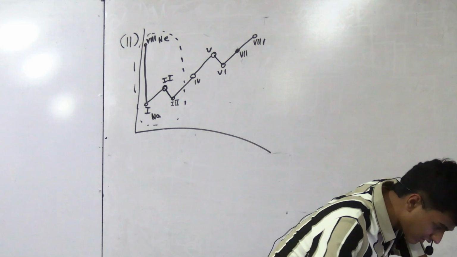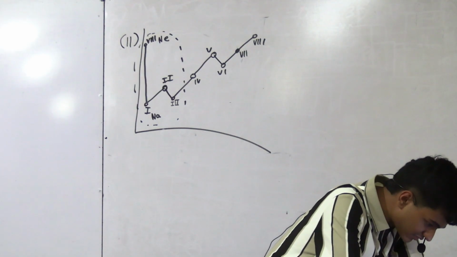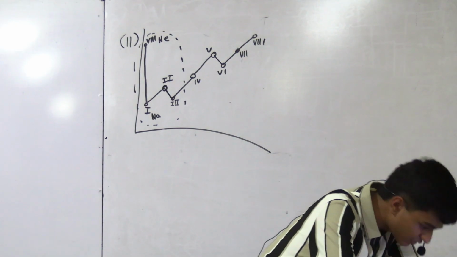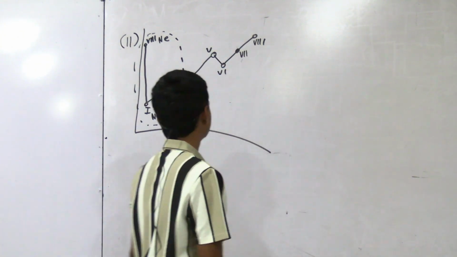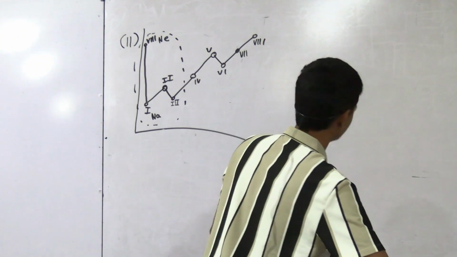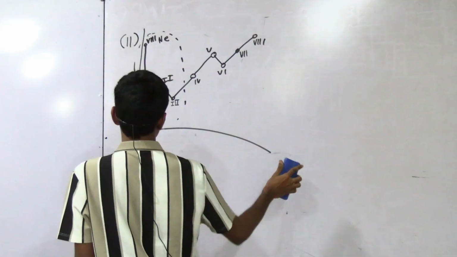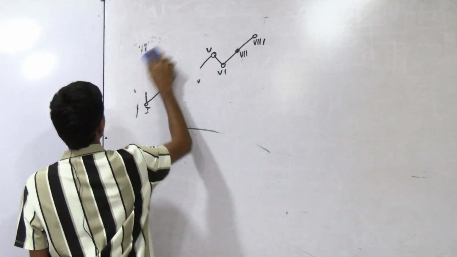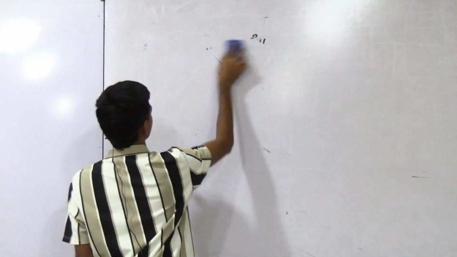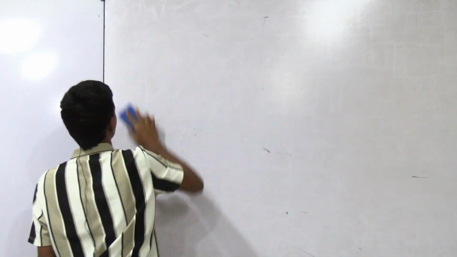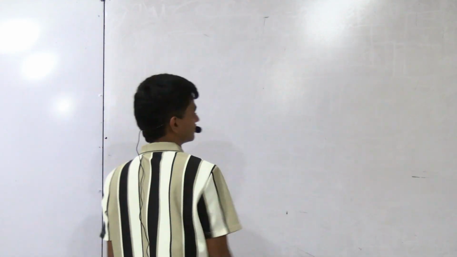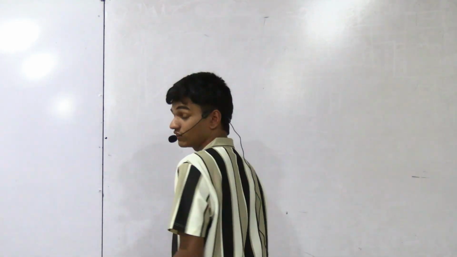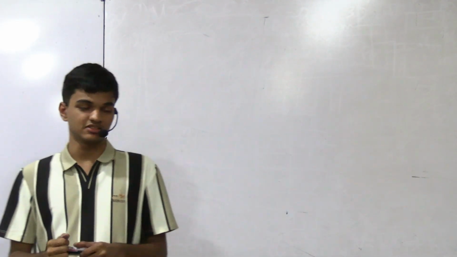Question number 12. What is the metal that reacts with hot water but not with cold water? Okay, this is common knowledge when it comes to A levels, but since you guys are doing O levels, I'll teach it. The only element that's not gonna react with cold water but reacts with hot water is gonna be magnesium.